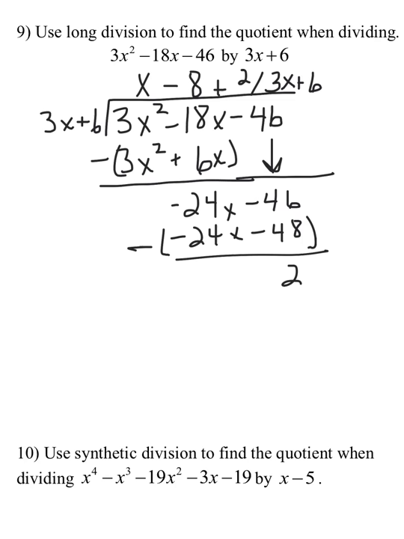We're going to subtract the -24x, and the -24x cancel out. And then we have a -46 plus 48, which is going to give us 2. 2 is going to be our remainder. So we put the remainder over the divisor, 2 over 3x plus 6. And that's it. That would be your final answer with a remainder of 2 over 3x plus 6.